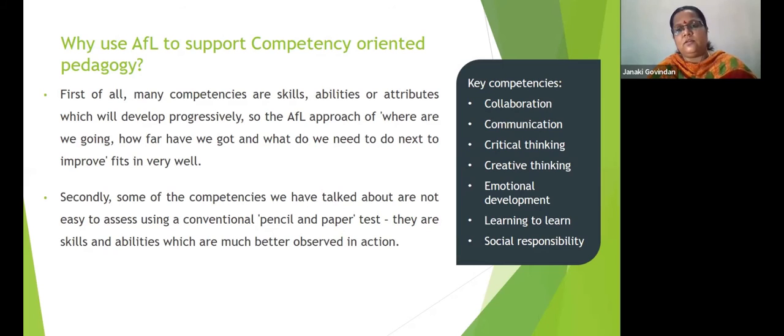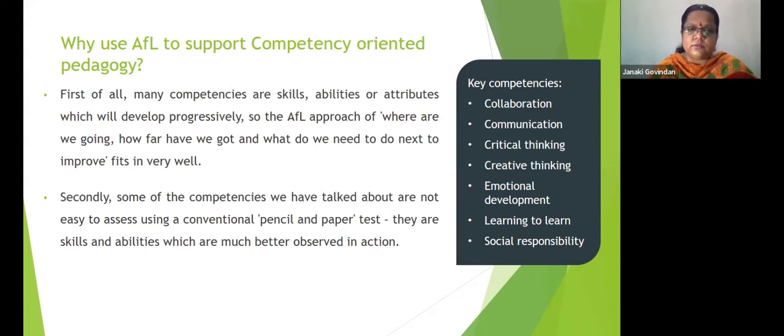Critical thinking, creative thinking, emotional development: to be empathetic, to realize that in a team or in a group or in a society, we can't be self-centered. To be empathetic towards others is an emotional development that the child will learn. Learning to learn rather than being dependent on the teacher for A to Z, trying to be your own learner, learning to make mistakes and then learn from them.